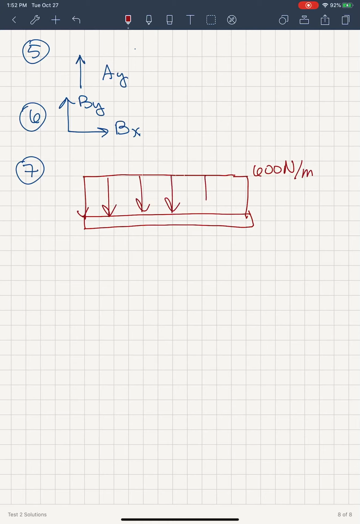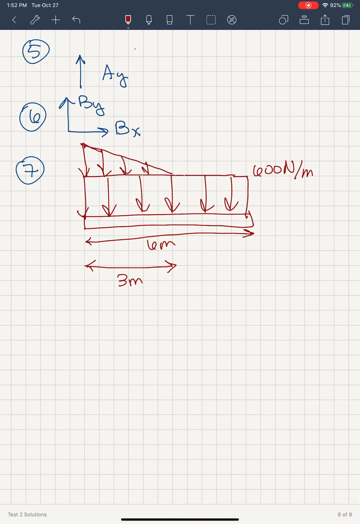And this whole thing is 6 meters, and then half of it, so 3 meters. And then we also have a force from here down to that midpoint, a distributed force that's in a triangle shape. So I would just calculate both of those.